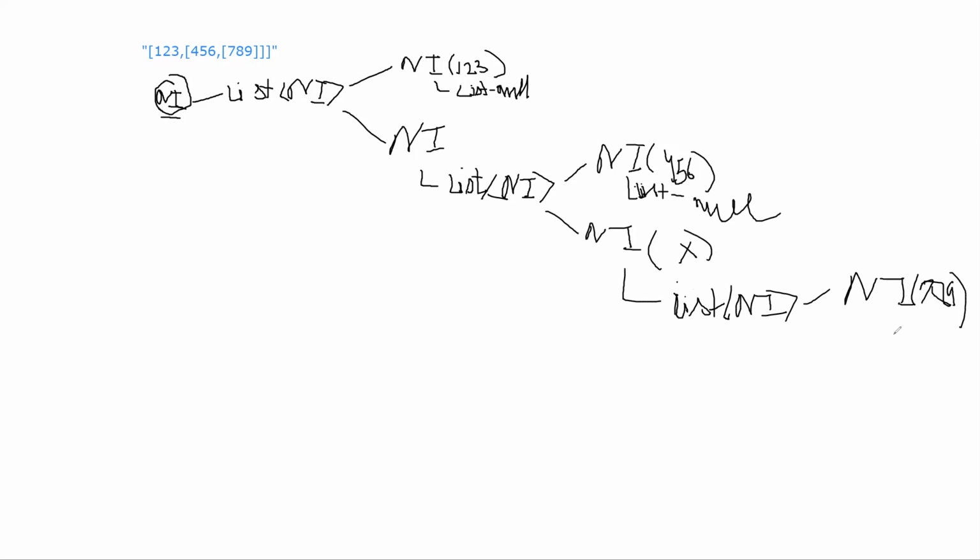And here the list would be null. So this list would be null. So that was my understanding. If you agree with this, fine, please let me know if I'm assuming something wrong here.